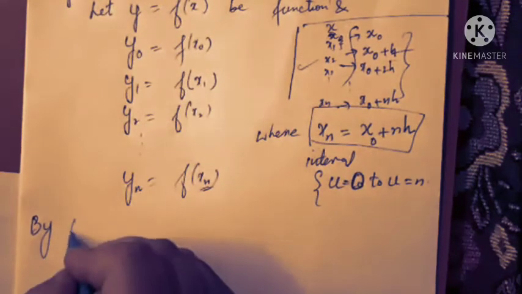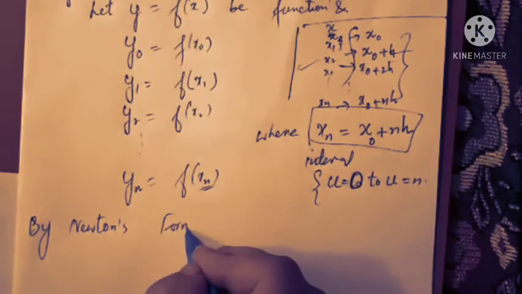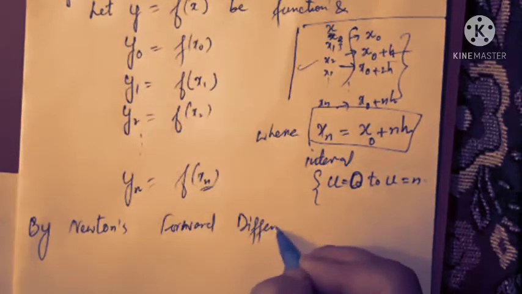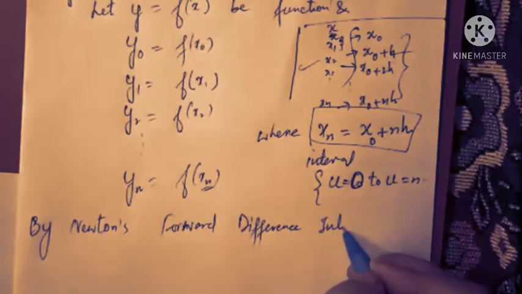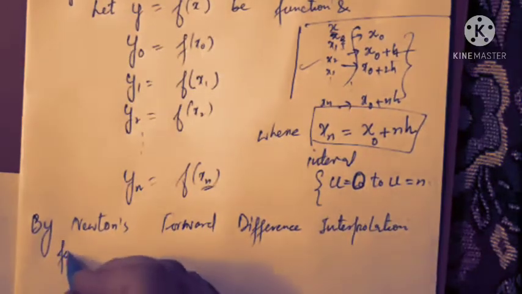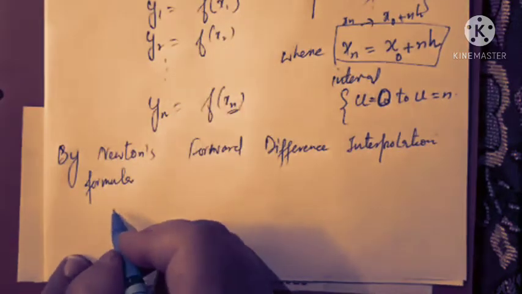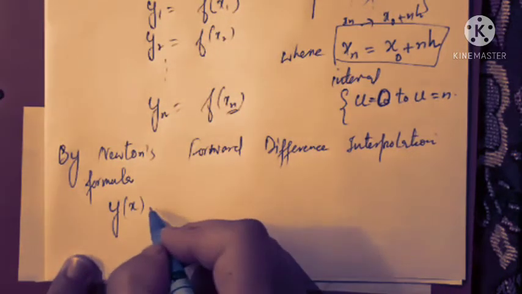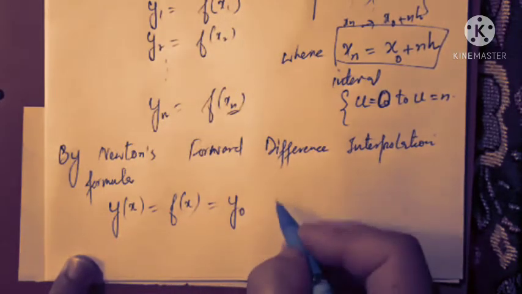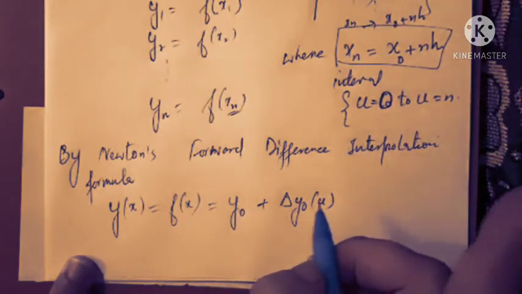By Newton's forward difference interpolation formula, we know that y of x is equal to f of x is equal to y0 plus delta y0 times u. Don't get confused.